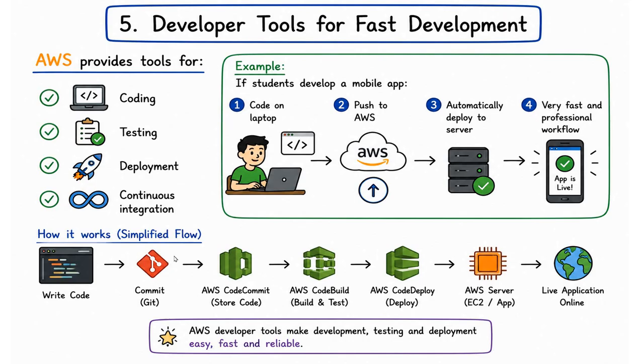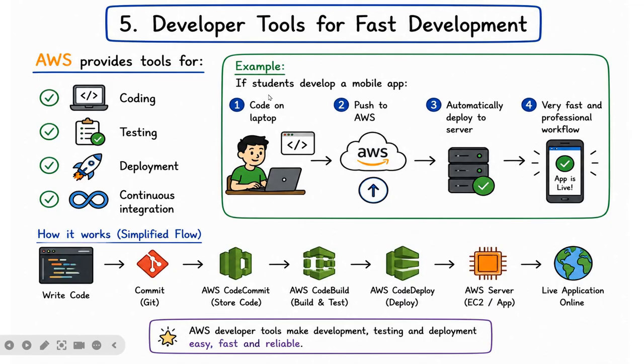Then you have continuous integration, that is the CI, which means automatically combining and testing the new code whenever developers make changes. That is, when multiple developers work together, code will change frequently, and CI ensures all changes work properly together. Okay, now how does it work?